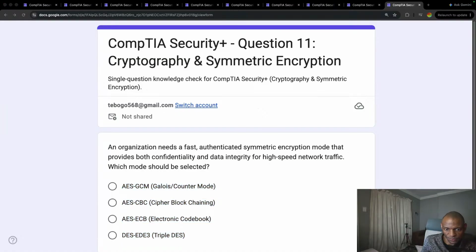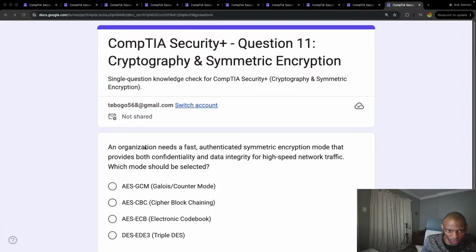Question 11. An organization needs a fast, authenticated, symmetric encryption mode that provides both confidentiality and data integrity for high-speed network traffic. Which mode should be selected?